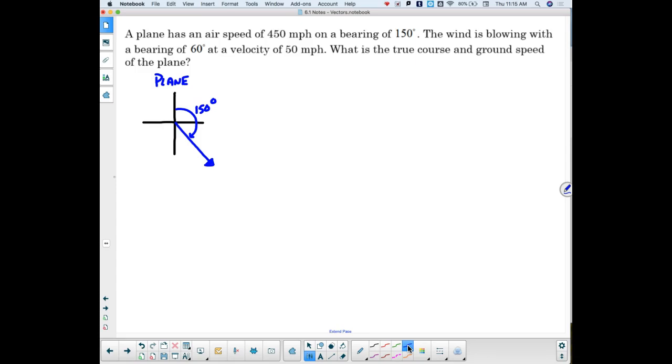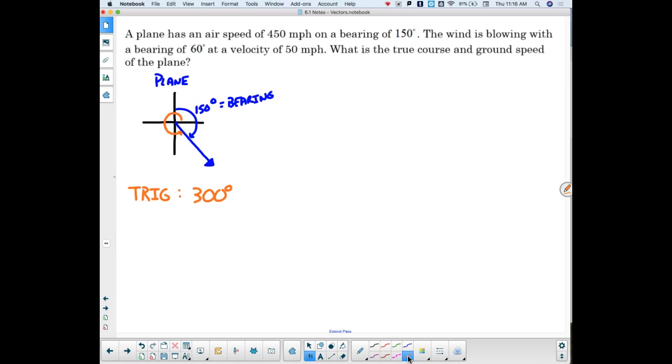What is the trig angle for this one? What's the trig angle? Nope. What? 300. Yep. Trig, remember, comes here all the way back around.